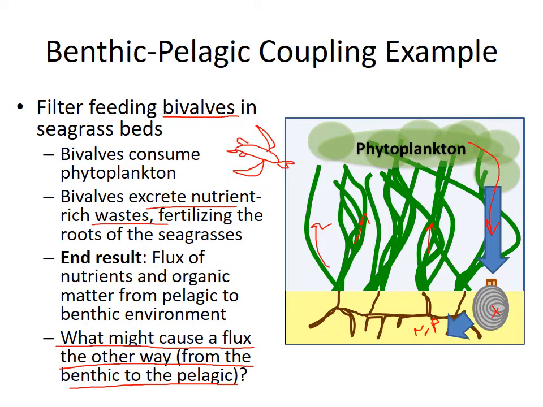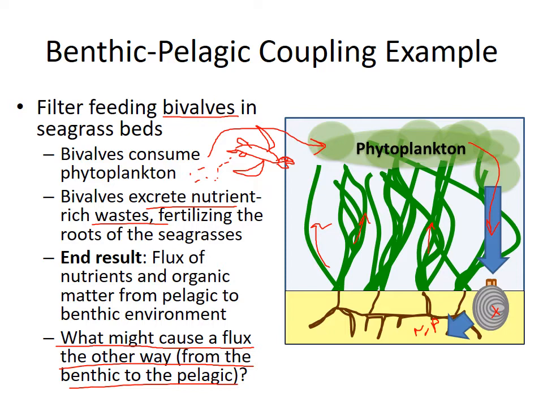And when the sea turtle then, this is the world's worst sea turtle, when the sea turtle then went to the bathroom, it would fertilize the phytoplankton. So the nutrients that were benthic in the form of the seagrass could then be re-injected into the water column where they would stimulate the phytoplankton.